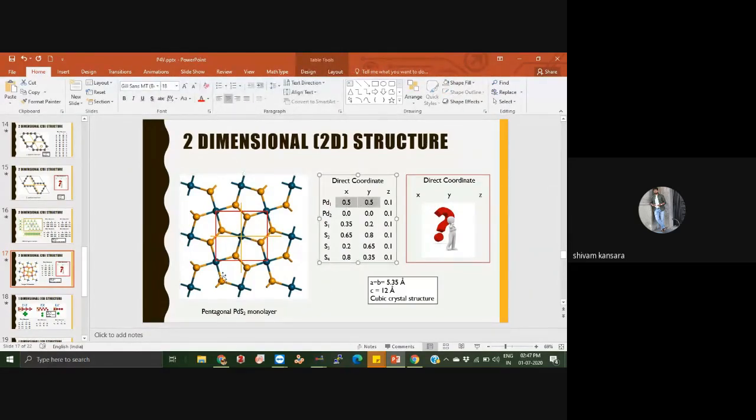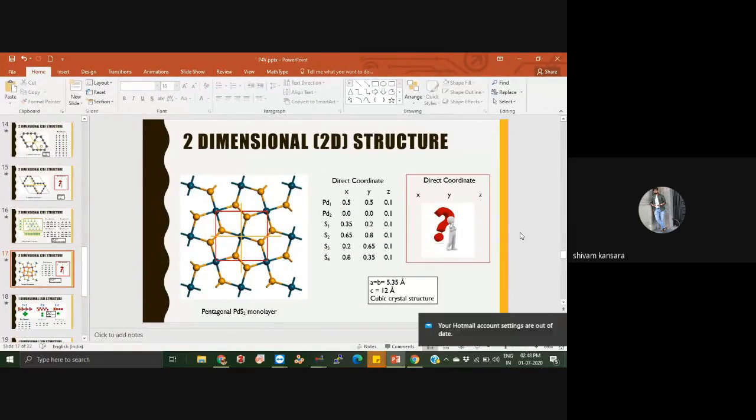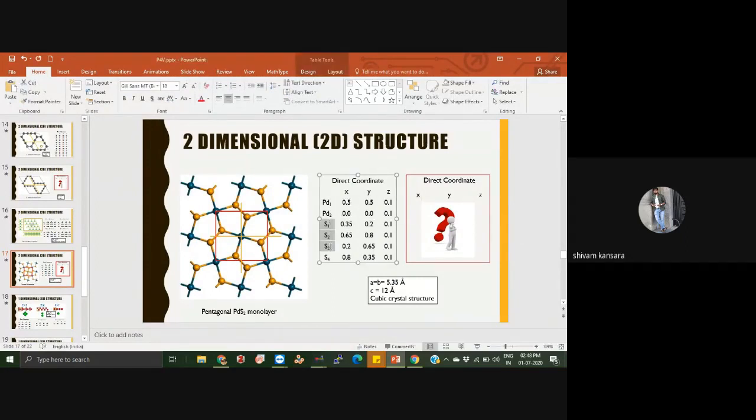Now here we can see at the corner one atom, which is 0 and 0. Okay, 0.5 and 0. So let's relax about the Pd atom. We know the atomic position of Pd atom, which is like a body center cubic.